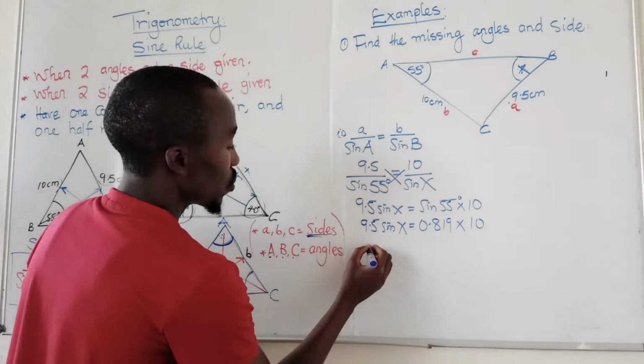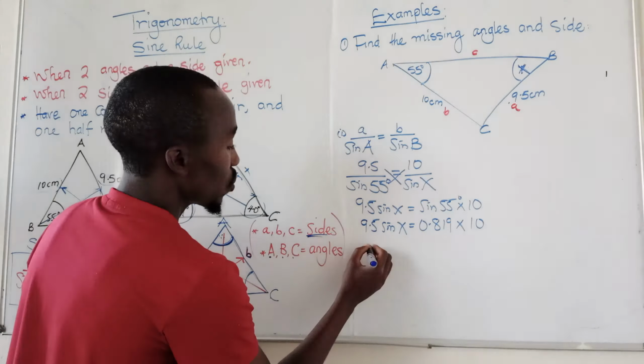When you reach here, we make sine X the subject, so we divide by 9.5. The 9.5 on this side goes and that goes. So sine X is equal to 8.19 divided by 9.5, which gives us 0.862.